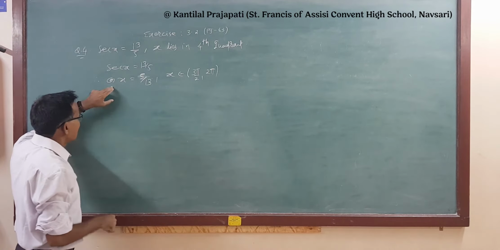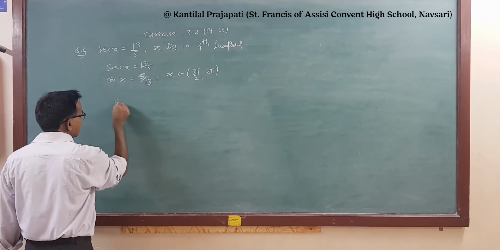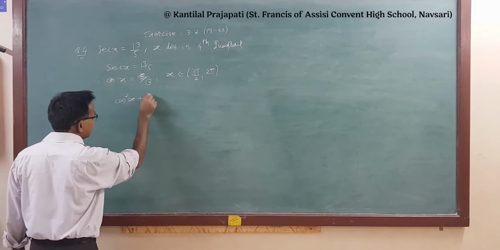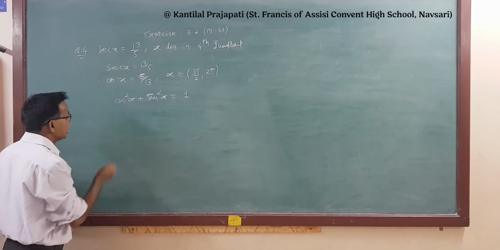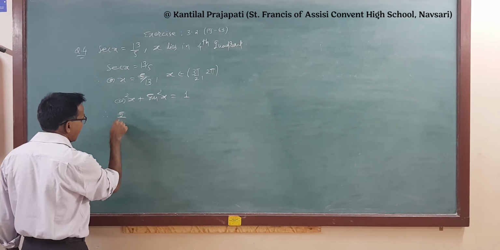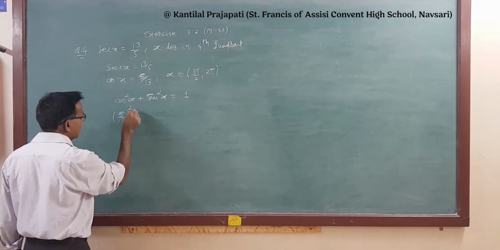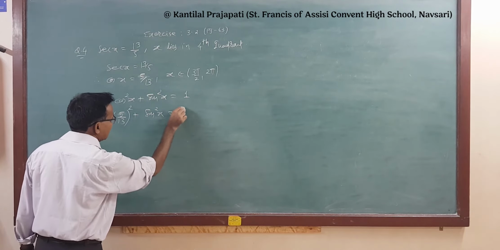So from cos x we now find sin x by using the identity. We know that cos square x plus sin square x is equal to 1. Substitute the value of cos x: 5 upon 13 whole square plus sin square x is equal to 1.